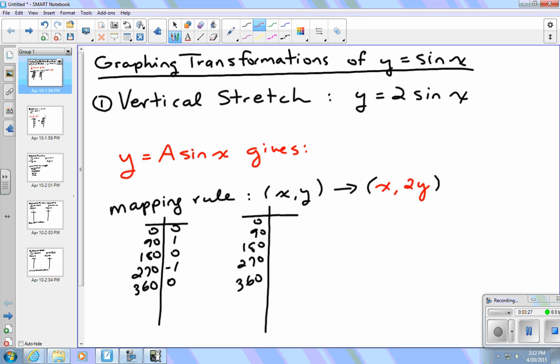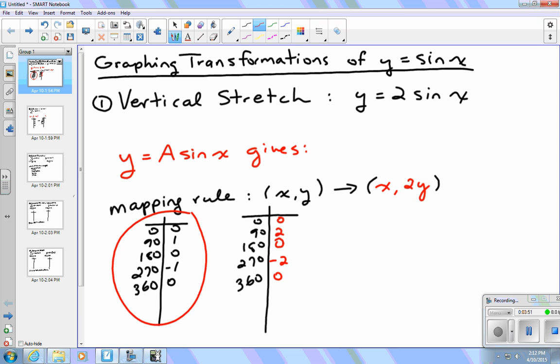And so I've redone the original table of values here. In our new table of values, the x's will stay the same, but our y values are doubled. So they'll go 0, 2, 0, negative 2, and 0. And if you look back at your graph on the calculator, you'll see that that is the case.